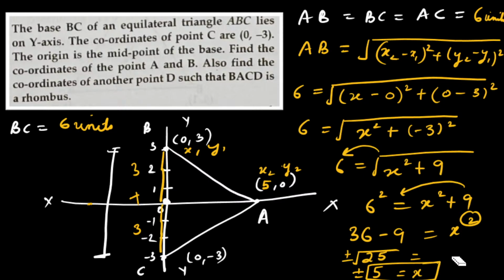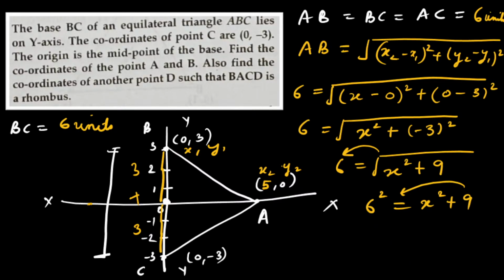It's 27. 36 minus 9 is 27. Okay, so it is 27. I just made one mistake here. It's not 25, it's 27. So the square root of 27 is equal to x.